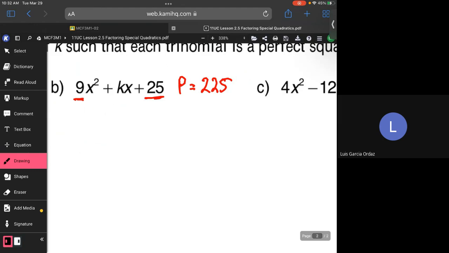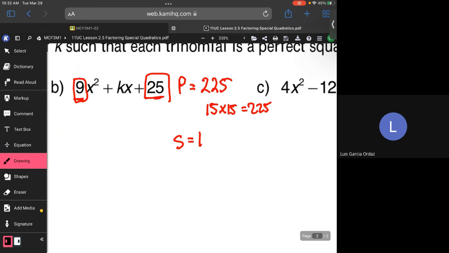Remember, because this one has a number in front of my x squared, my product is the number in front of the x squared multiplied by my number at the end. So what would my two numbers that are the same be to multiply to get 225? Jade? 15 times 15 gives me 225, which means what does my sum have to be?